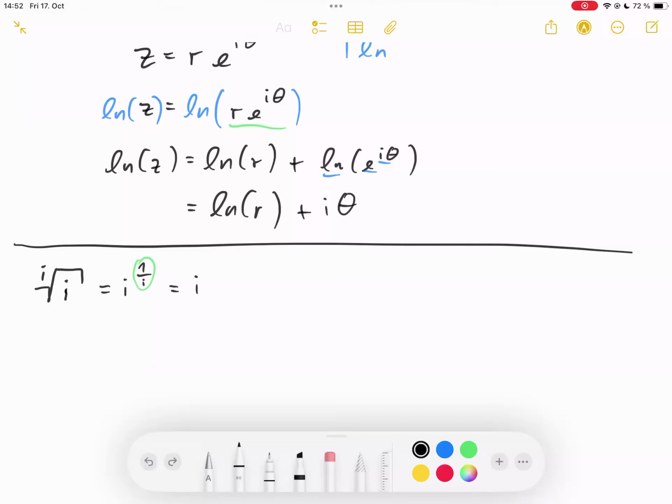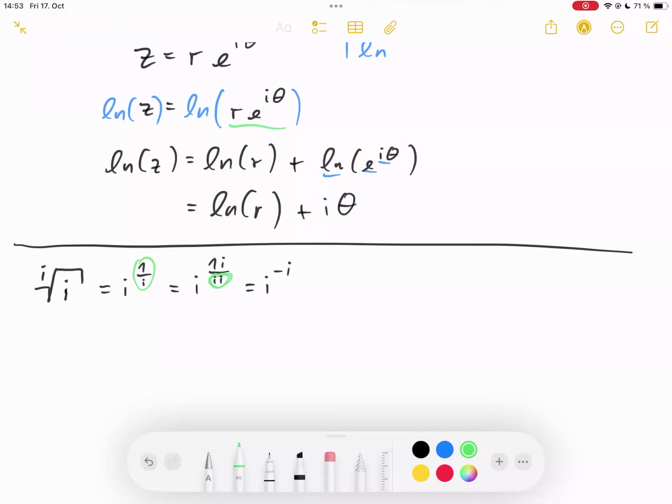We do this extension, which is 1 times i divided by i times i. And then this i squared becomes minus 1. So what we get here is i to the power of minus i, since i squared is minus 1.